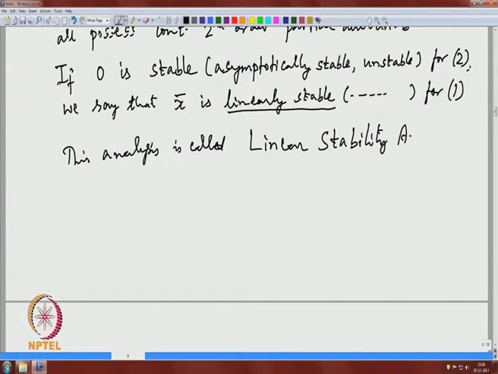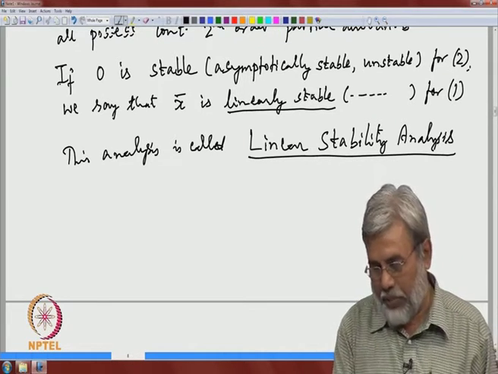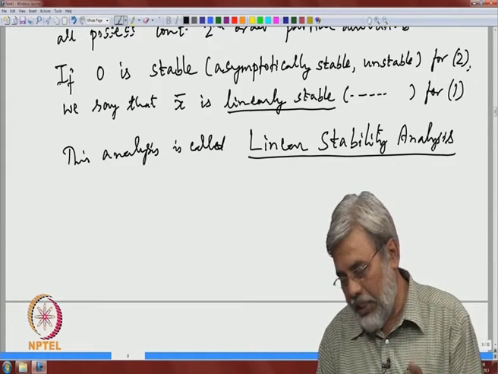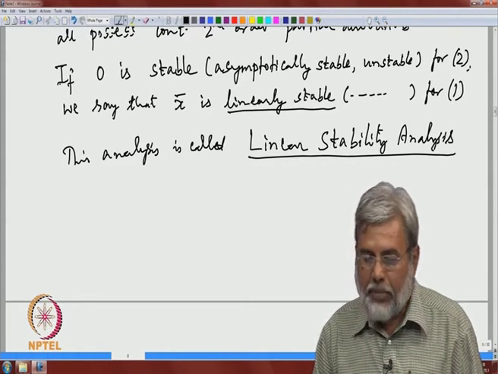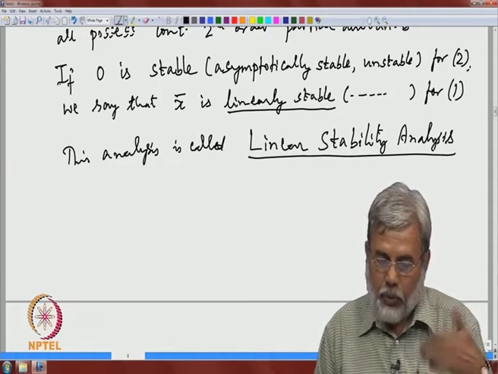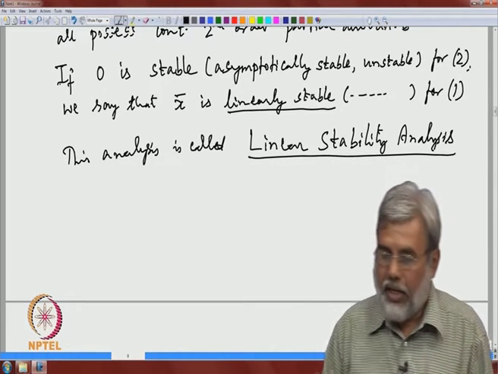and this is routinely done by physicists and engineers, but one should not stop there. Okay. Linear stability analysis gives you something, but it may not be the case with the original nonlinear system.